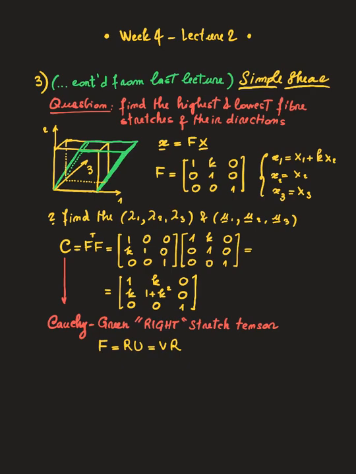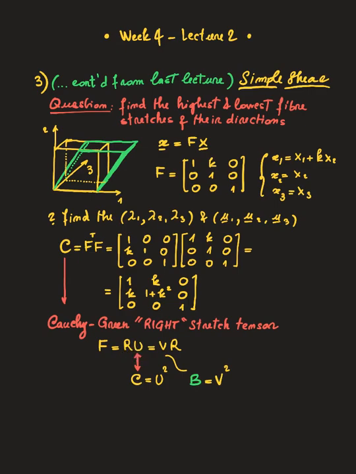We have seen that C is equal to U squared, and instead we will define another object, which I anticipate is called B. In fact, I did already talk about this tensor, and this B is nothing but V squared. So the reason for which C is called right is that in the polar decomposition the stretch is located at the right.